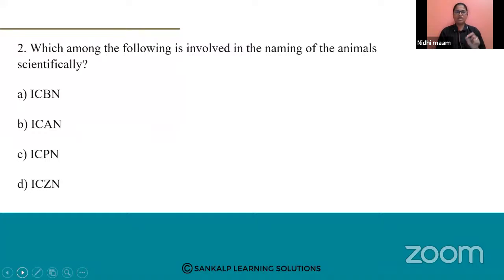Next, which among the following is involved in the naming of the animals scientifically? Which organization is involved in naming the animals? A. ICBN, B. ICAN, C. ICPN, D. ICZN. Please give your answers when I complete reading all the options.